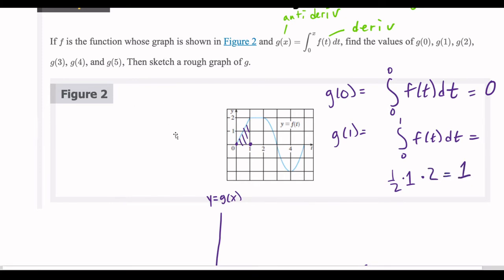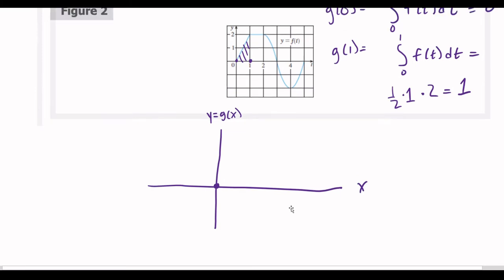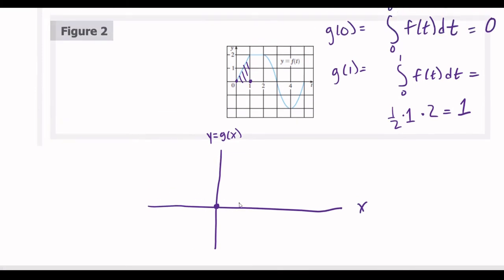So the area of this triangle is 1. What does that mean? When I plug in the number 1, I get up to 1 here. So my function g starts here, hits here. So g of 1 is 1. I know that those are 2 points.